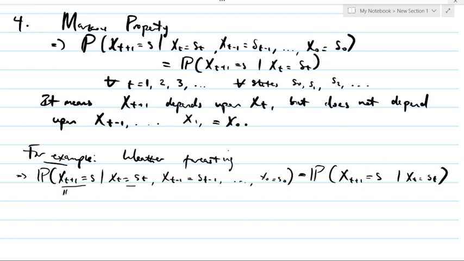So this distribution of x_{t+1} is also called your future state. This depends on x_t, which is your current state, and these are your previous states.